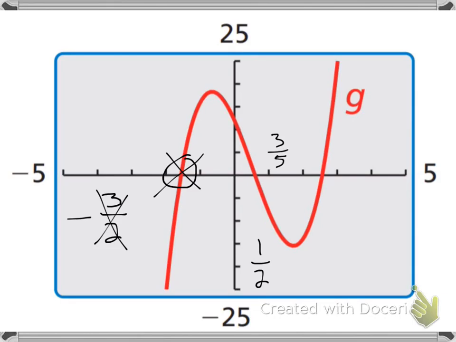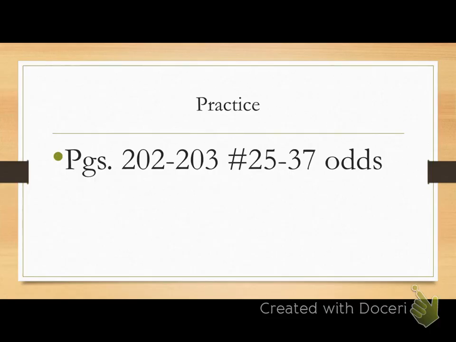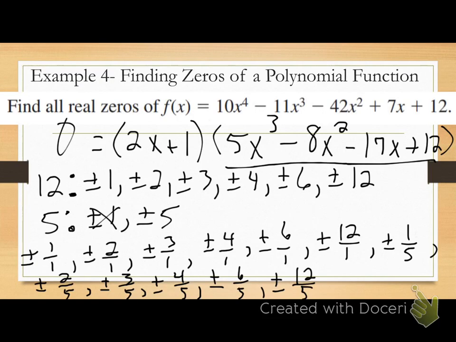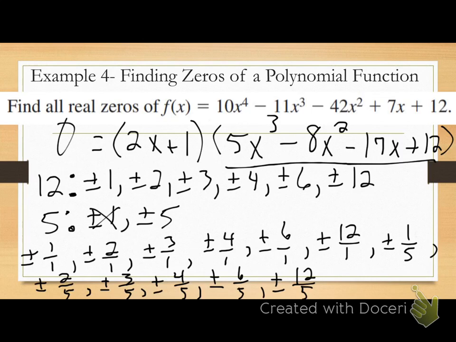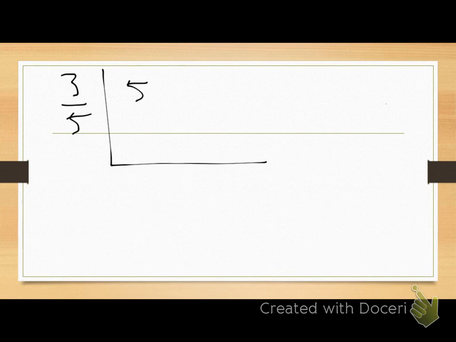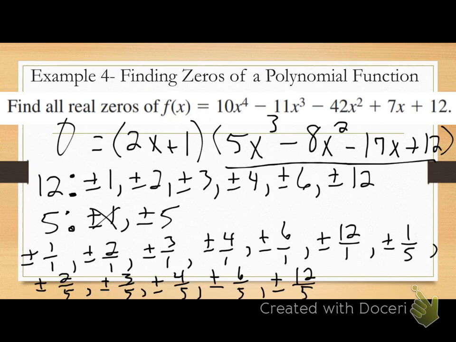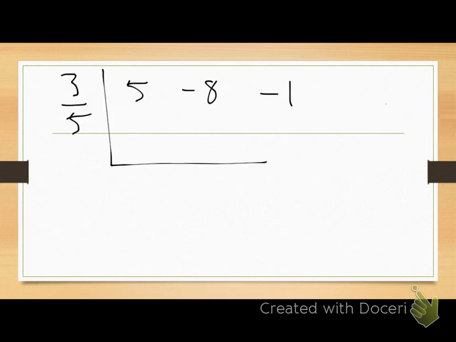Does everyone see how we kind of broke that down? So let's test 3/5 using our synthetic division. So I'm using 5, -8, -17, and 12. Bring my 5 down.